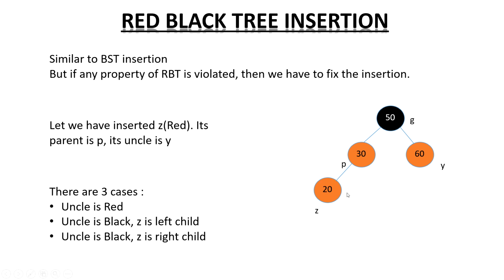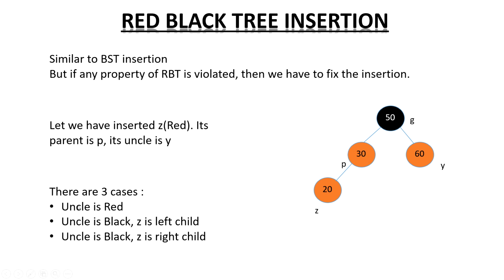We have inserted Z, which is red, and its parent is P and its uncle is Y. If there is a violation while inserting, where the node is red and its parent is also red, we have to consider the uncle of Z, which is the sibling of the parent, and also the grandparent of Z, or the parent of its parent.